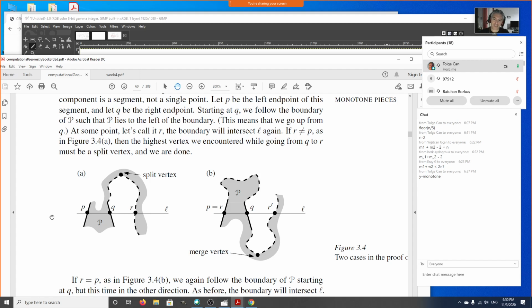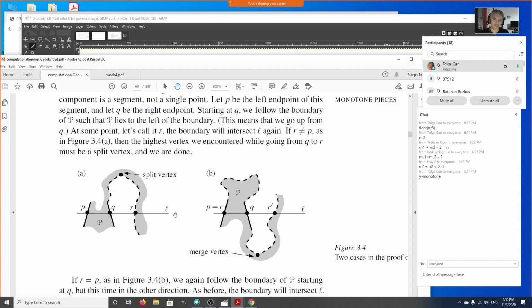Imagine there's a line, it intersects it in two regions. Let PQ be the leftmost region. So in order to be not y-monotone, there has to be another region our line intersects, right? We cannot intersect with just a single region.